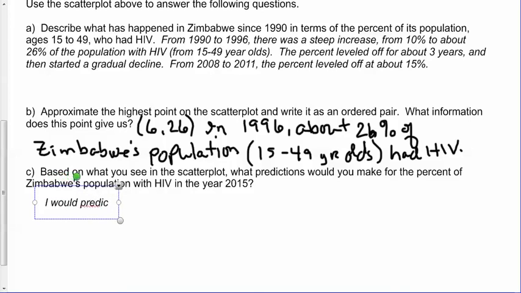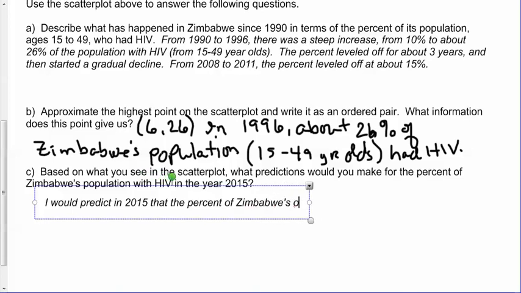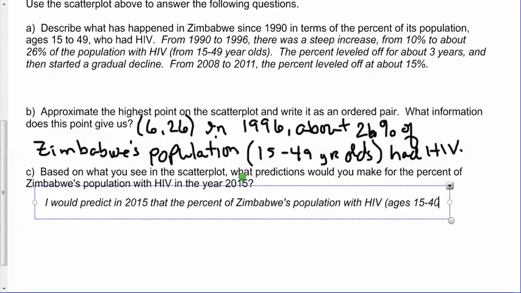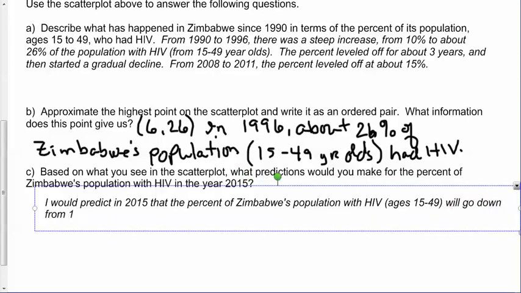So I would predict in 2015 that the percent, I'm thinking that it's going to continue to go down a bit, that the percent of Zimbabwe's population with HIV, and again, this ages 15 to 49 is important because that's not the same as the entire population, right? So with HIV, will go down from 15%, but will still be above 10%.